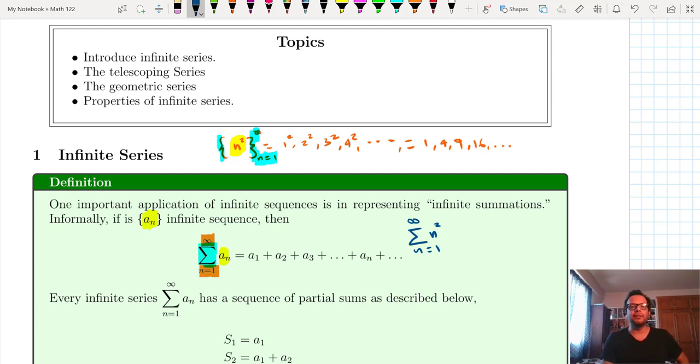So we are still going to list the elements: 1 squared, 2 squared, 3 squared, 4 squared, etc. But in this case, unlike the sequence in which we just listed the elements, in a series we are going to add those terms. So we put a plus sign between each of the terms and add these numbers: 1 plus 4 plus 9 plus 16.